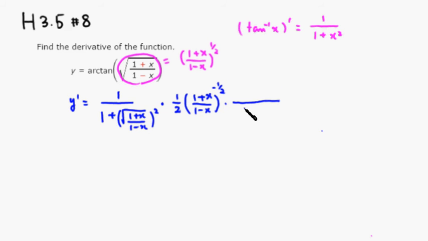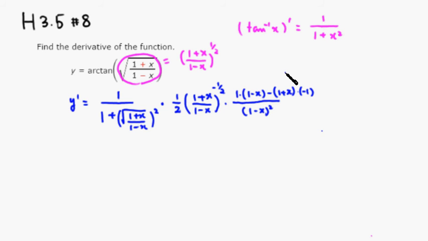Square the bottom, so (1 minus x) squared, derivative of the top is 1 times the bottom 1 minus x, minus the top 1 plus x, times the derivative of the bottom, which is negative 1.